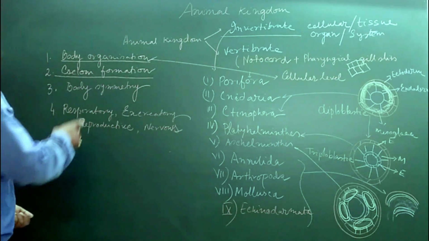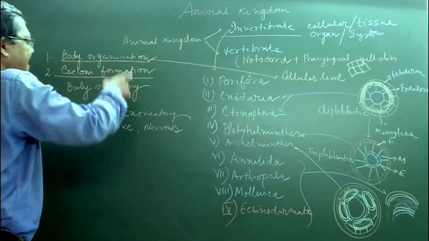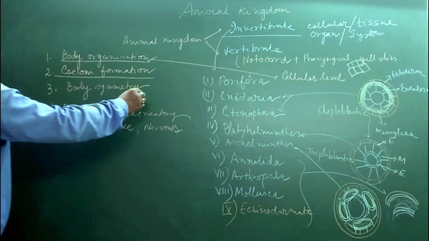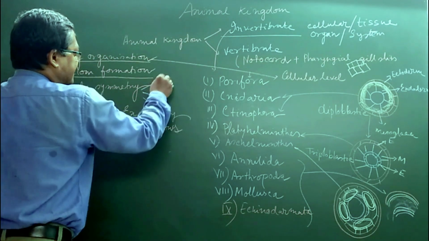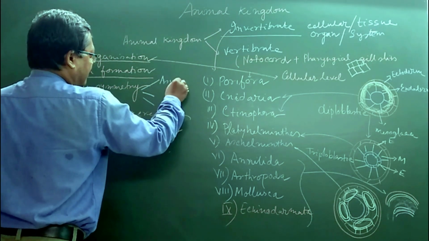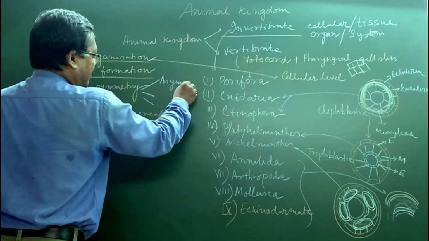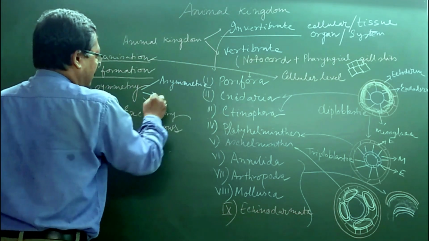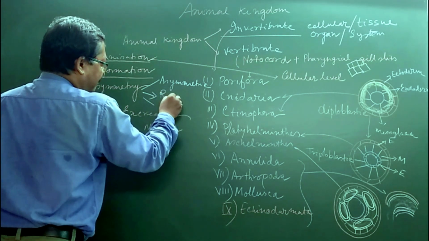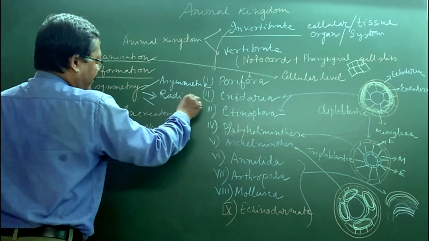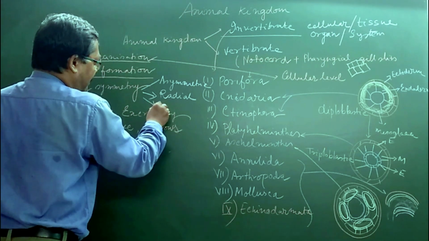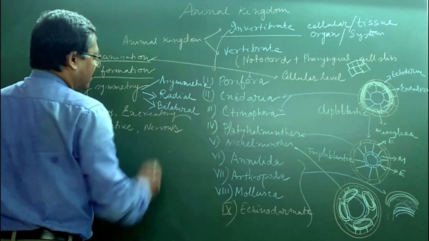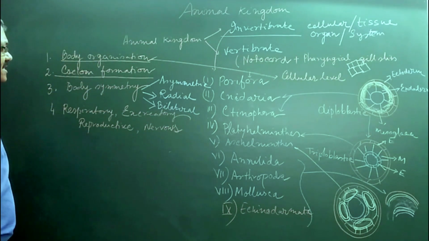What do you mean by radial? The different types of body symmetry are three: asymmetry, radial, and bilateral. What is asymmetry?